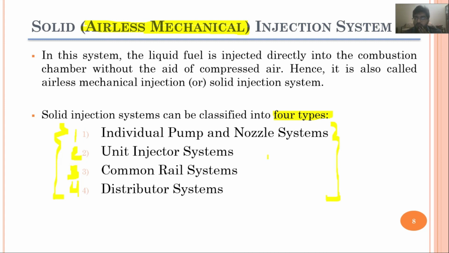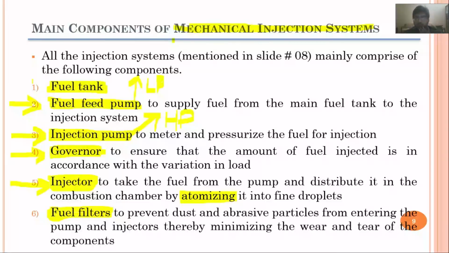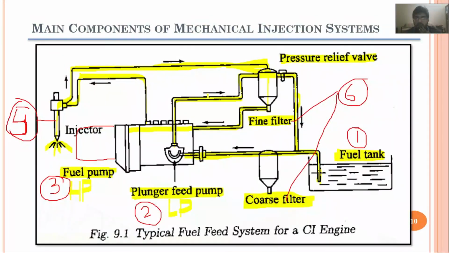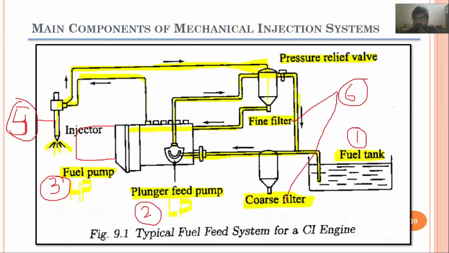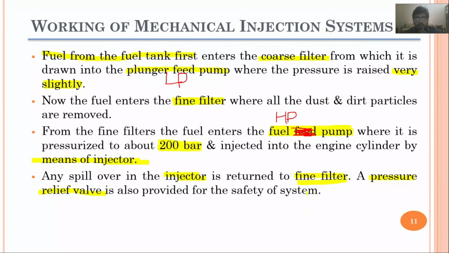So I will explain these four configurations in the next video. Then we studied the main components of the mechanical injection system, and we studied this schematic, and we highlighted the components which we studied in the previous slide. And after that we also studied the working of this mechanical injection system.